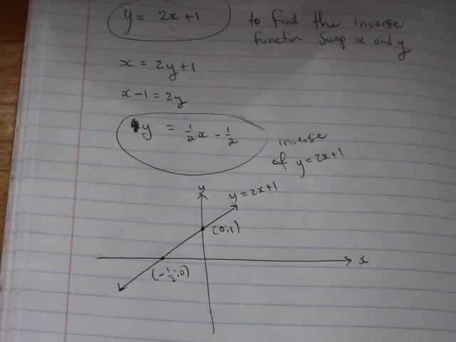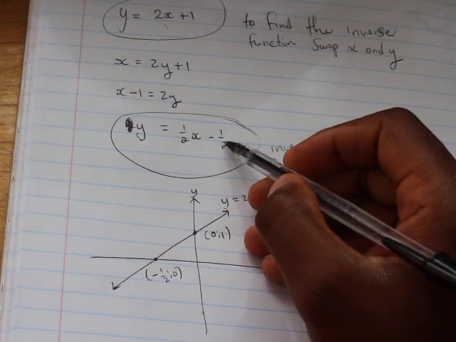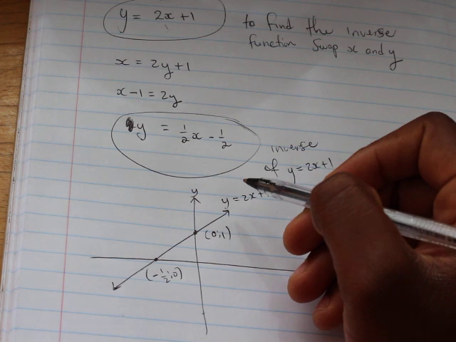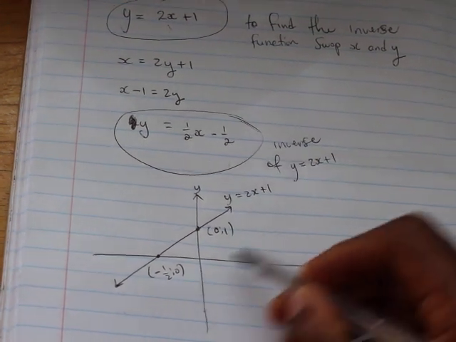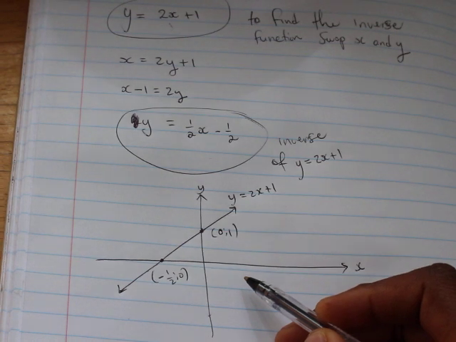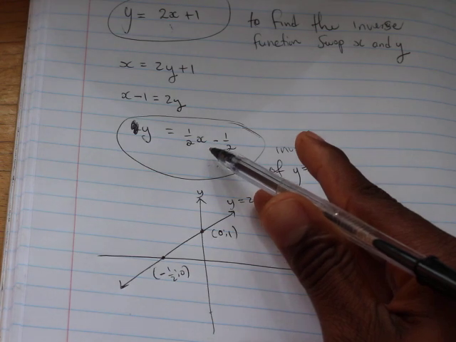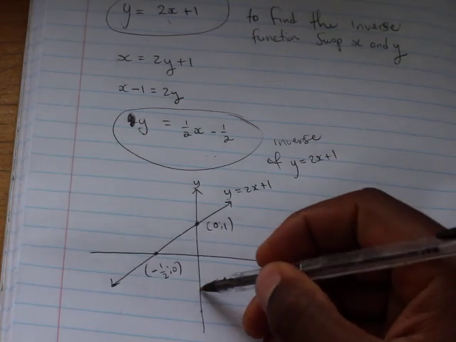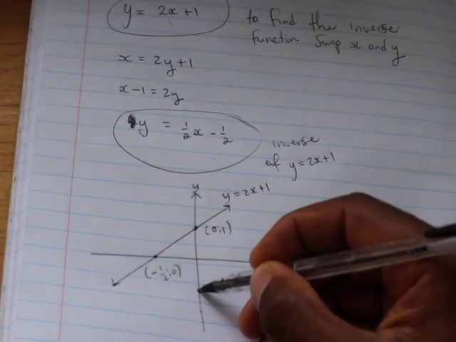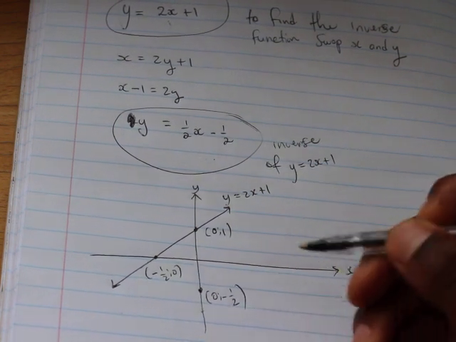Now let's plot y is half x minus half. Obviously it's going to be an increasing function, because the coefficient of x is positive, but it's going to be down here because you can see the y-intercept is minus 1 over 2, so 0 is to minus 1 over 2.